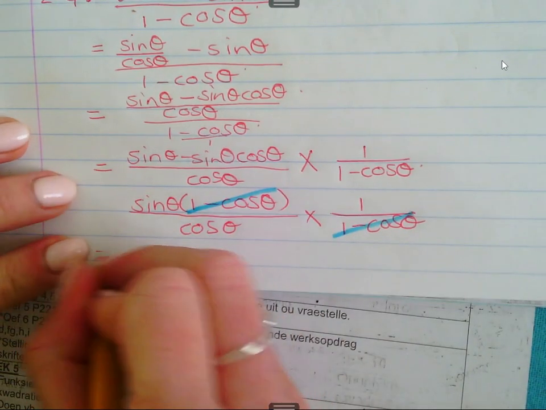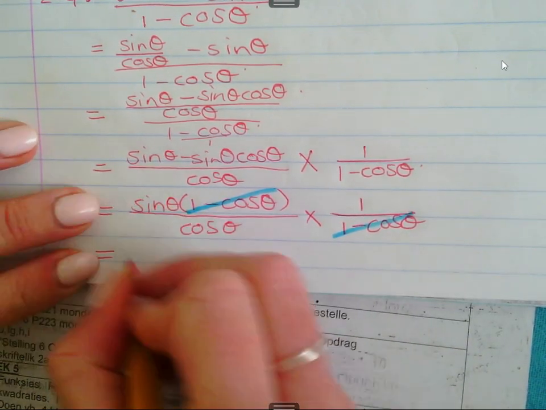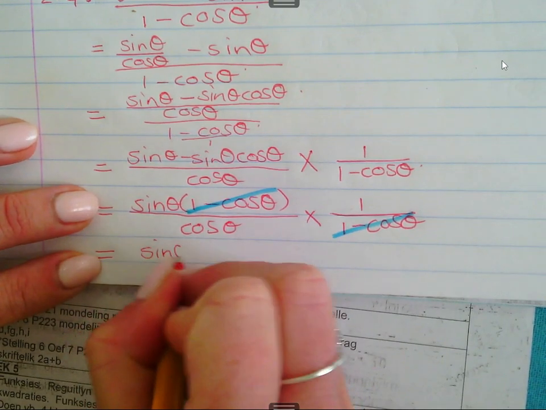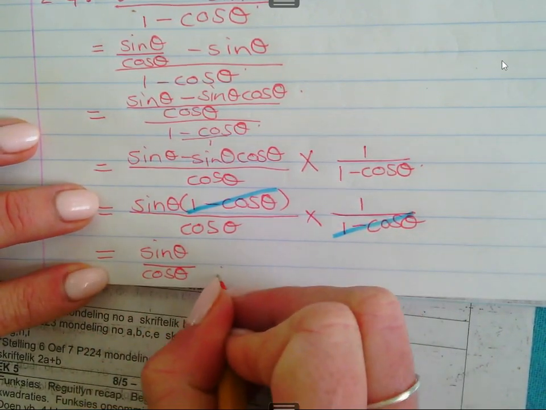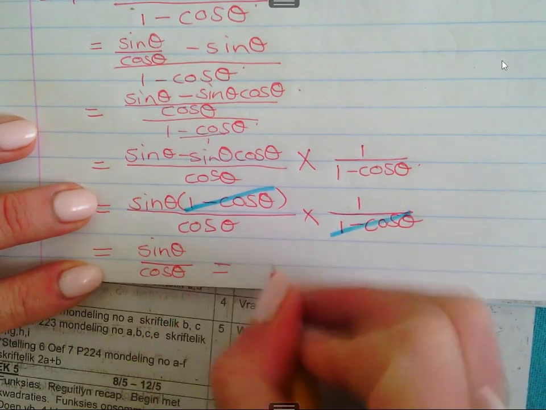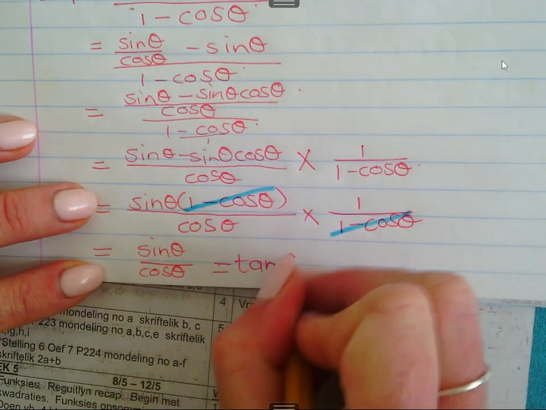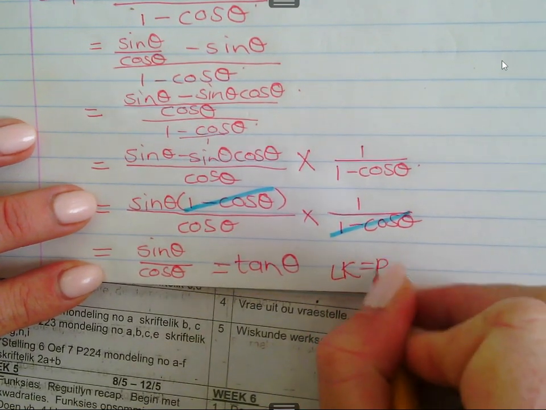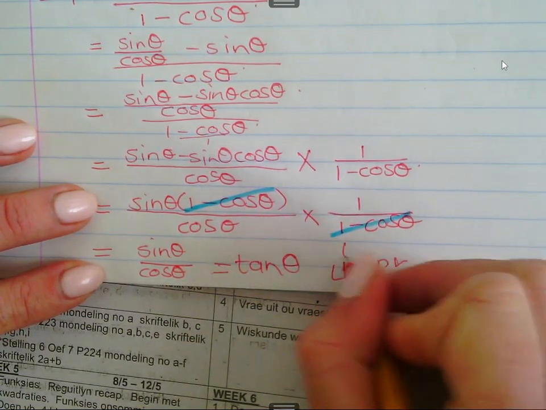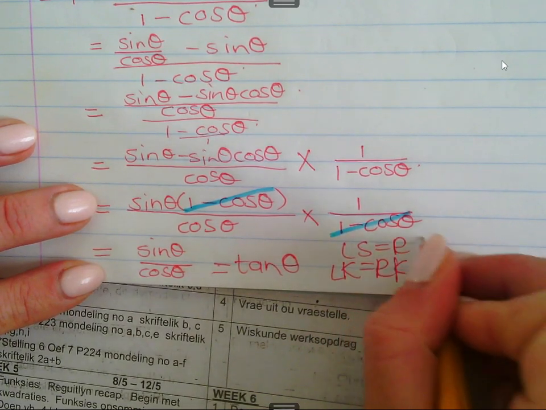En waarmee ek dan nou oorbly hier is sin theta op cos theta, and that gives me tan theta, en dan is die linkerkant gelyk aan die regterkant. Left side equal to the right hand side.